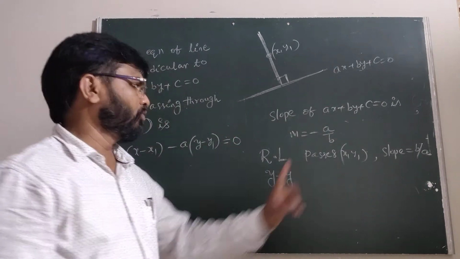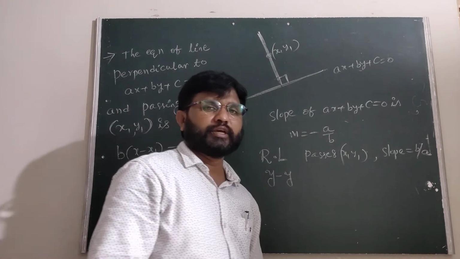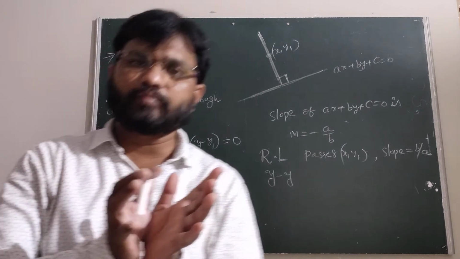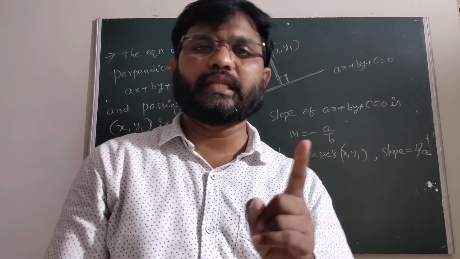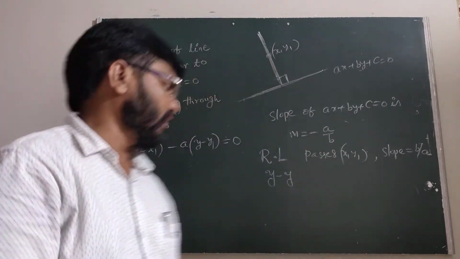That means when we multiply these two, we get -1. When the product of the slopes is -1, they are said to be perpendicular lines.